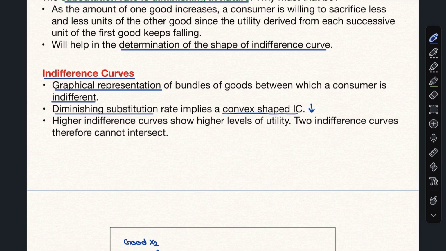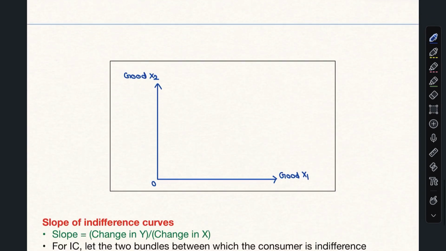Two ICs can never intersect. That is because higher ICs always have a higher level of utility. Now you might wonder why that is. That is because at a higher point, a consumer gets at least more of one good, if not more of both the goods. Let us understand indifference curves with the help of a diagram.